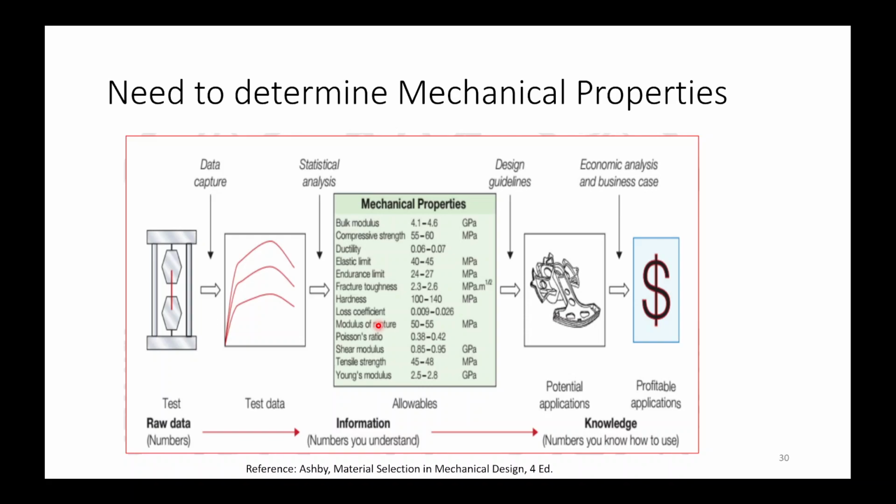For example, if we want to make a bearing material, we need to optimize some properties. In the case of bearings, we require fatigue strength, so those properties can be optimized. Then finally we can design that material and use it.